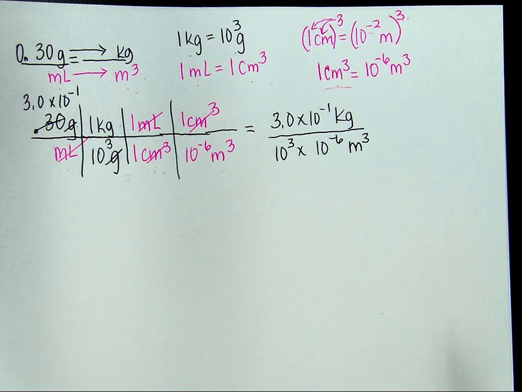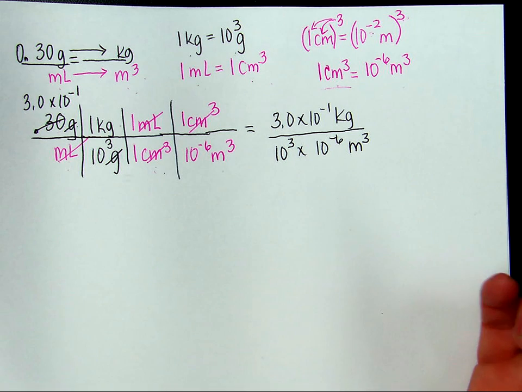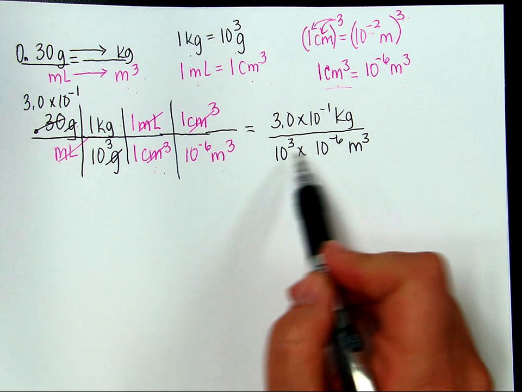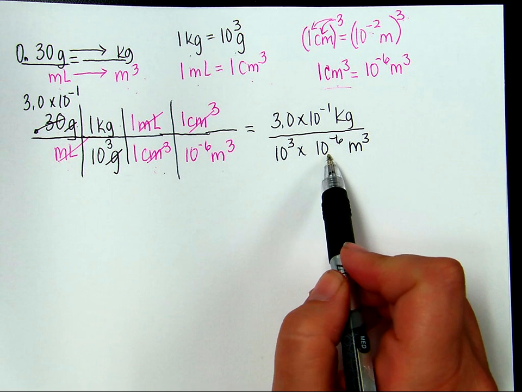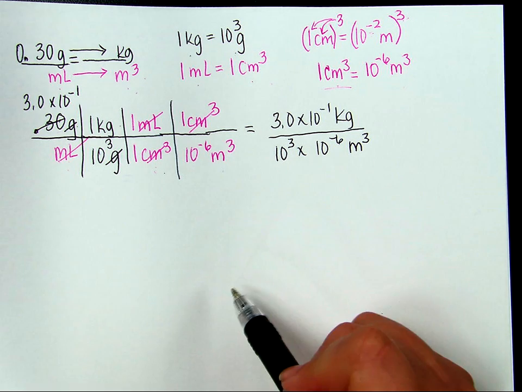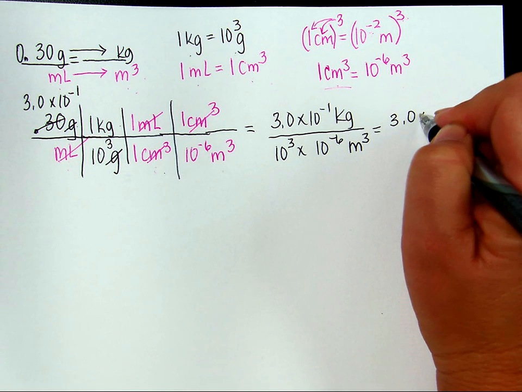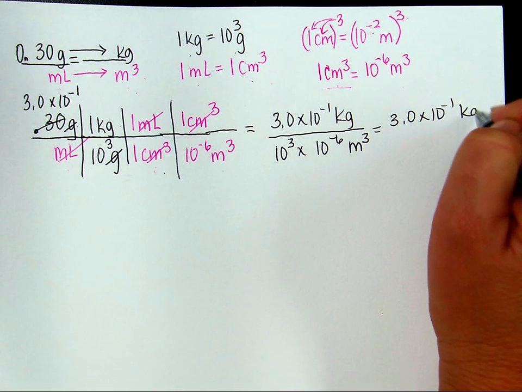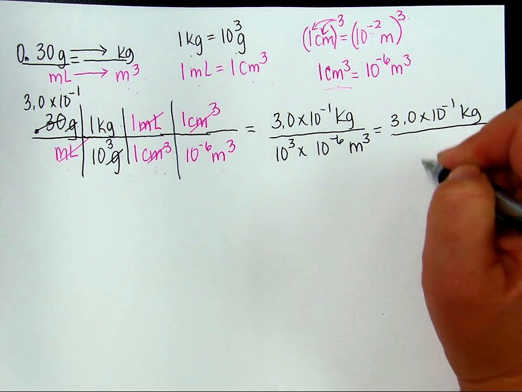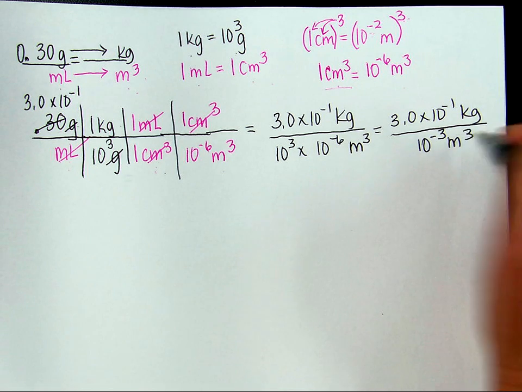Now it's time to do the math. Since I'm going to combine these all together, I could do it any way I want. I'm going to combine my denominator right now. When I multiply exponents, I'm going to add them. So 3 plus negative 6 means that this is going to be 3.0 times 10 to the minus 1 kilograms all over 10 to the minus 3 meters cubed.